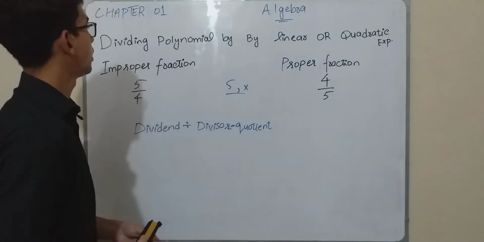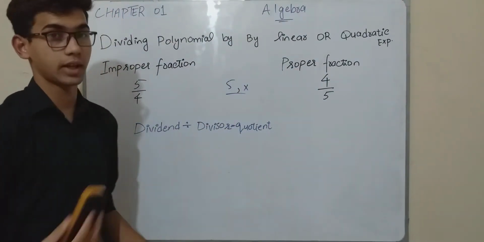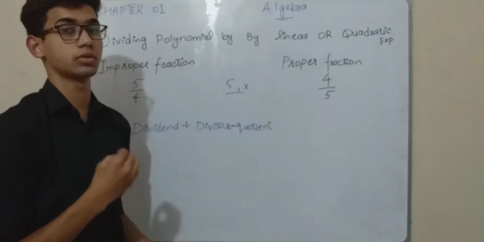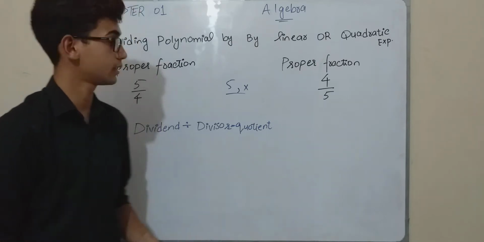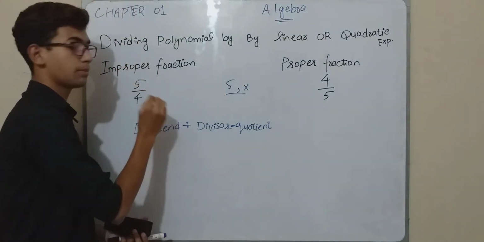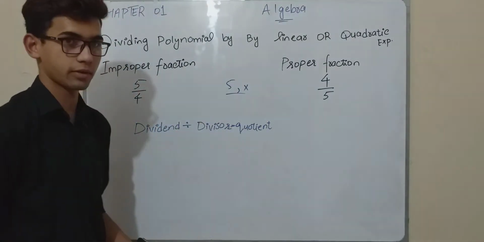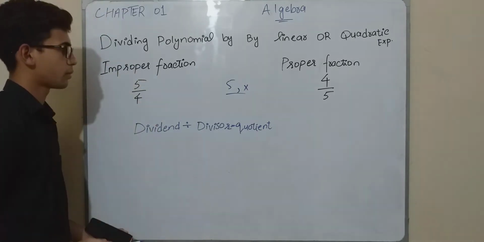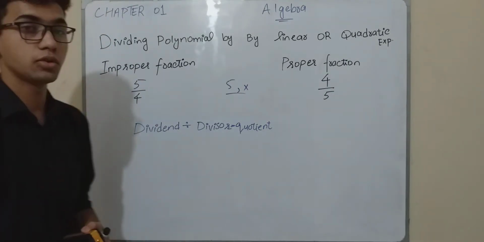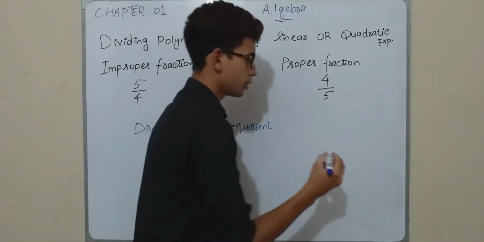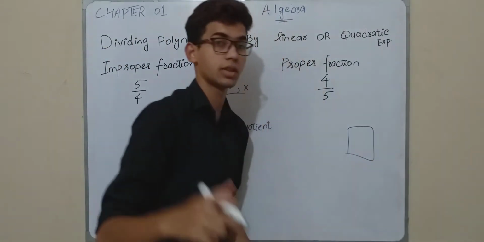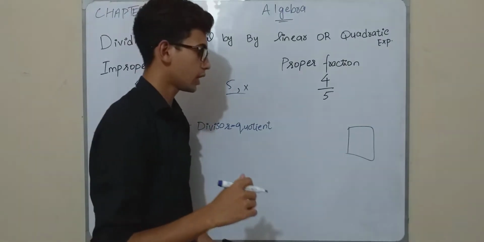Alright then, now we should know what fractions are. I told you that I will go through the book, and they try to conceptualize the concept of improper and proper fractions. So what are improper fractions? You should be aware of the numerator and the denominator first. Suppose this is the room in which you are sitting now.